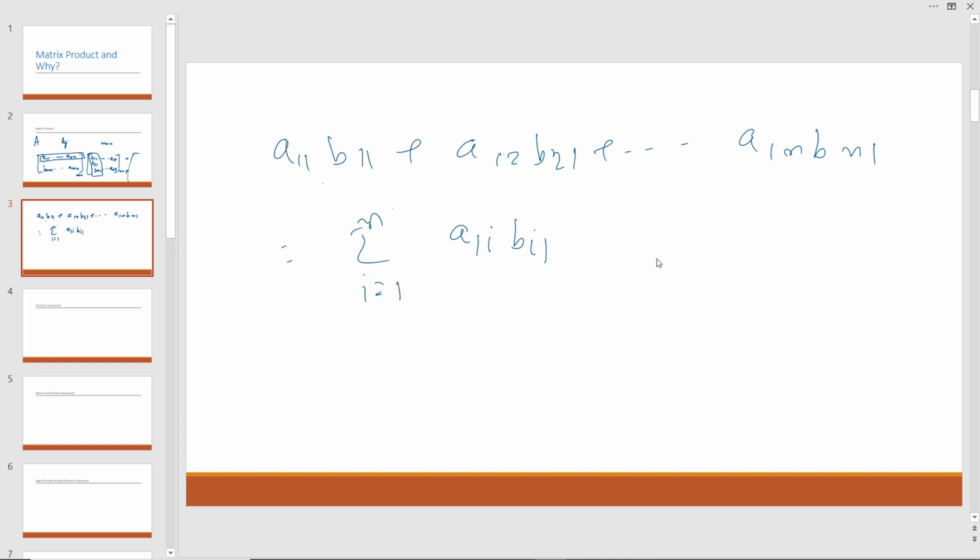So this is our (1,1) element of the product matrix A into B.